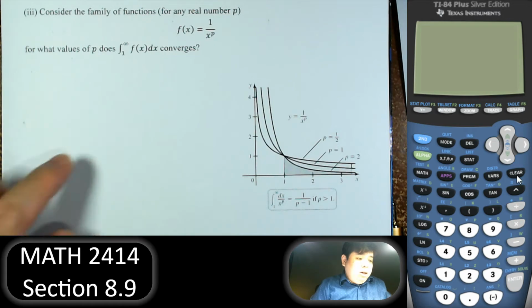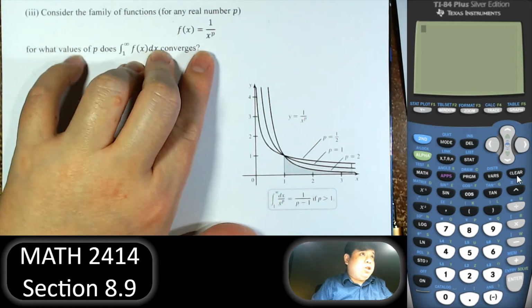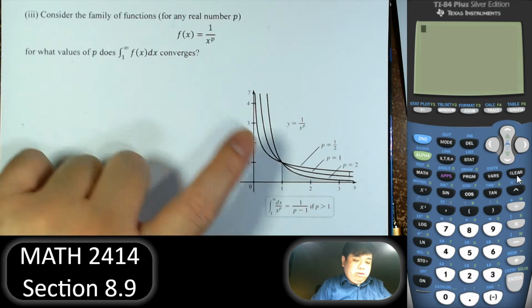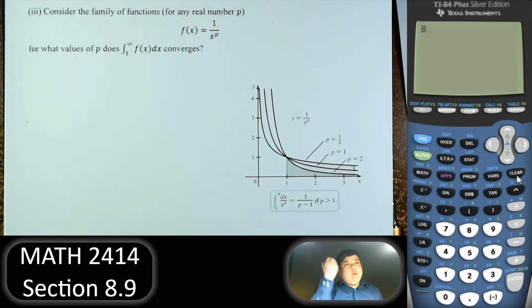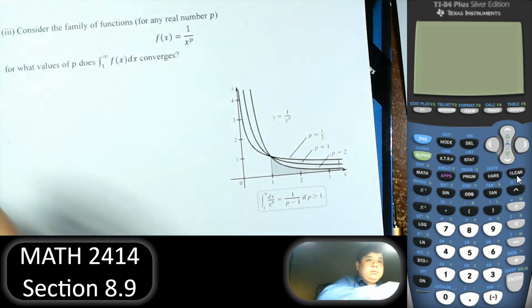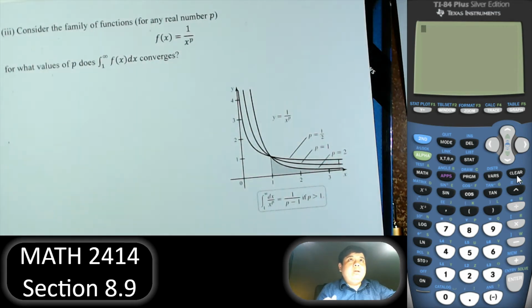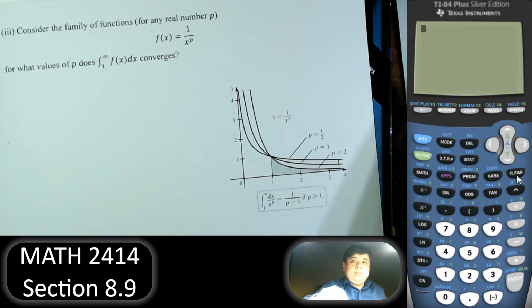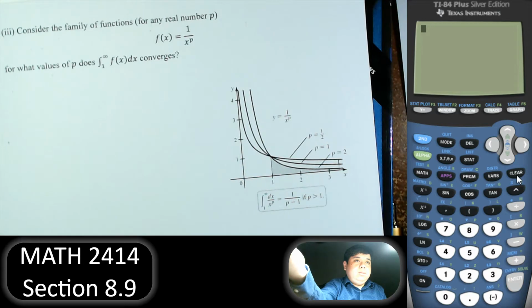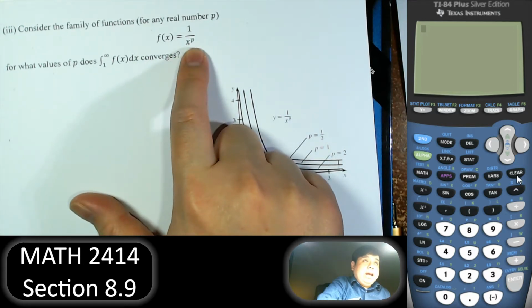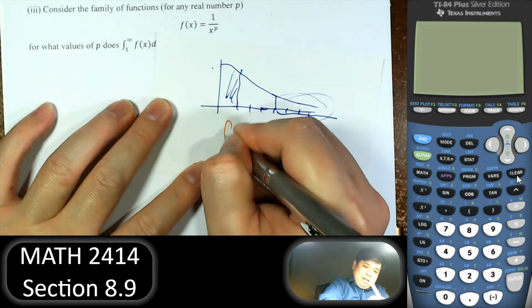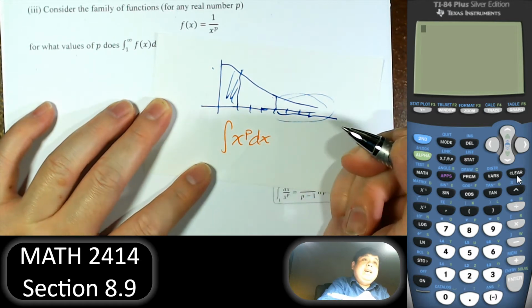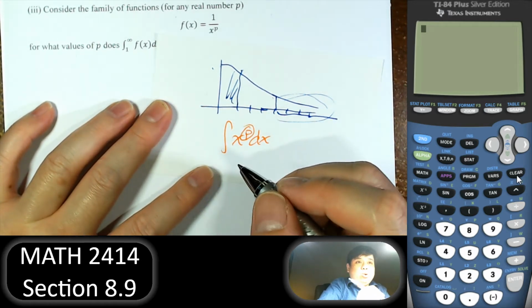Right. Consider the family of functions 1 over x to the p power. For what values of p does the integral converge? So we have different values of 1 over x to the p. Now, remember when we do the integral, the power rule works if the power is not equal to -1.